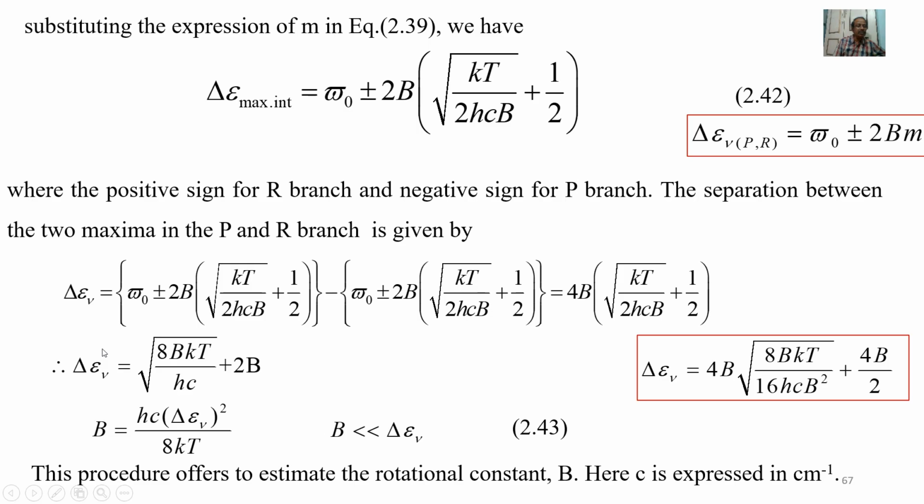From this expression, one can get the value for B, which is equal to HC times del E nu whole squared divided by 8KT, provided B is less than del E nu. This procedure offers a way to estimate the rotational constant B. Here C is expressed in terms of centimeter power -1.